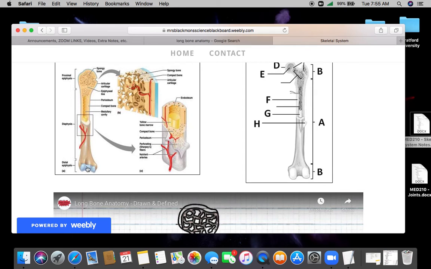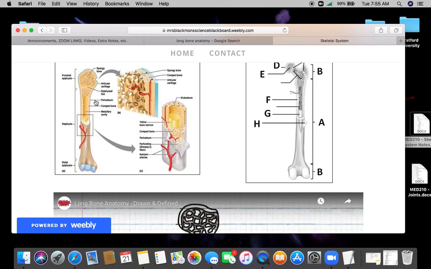Diaphysis, epiphysis, and you'll see here, remember that not all parts of your skeletal system have to be hard. You also have spongy, shock-absorber type cartilage here on the end, and that's called your epiphyseal cartilage.